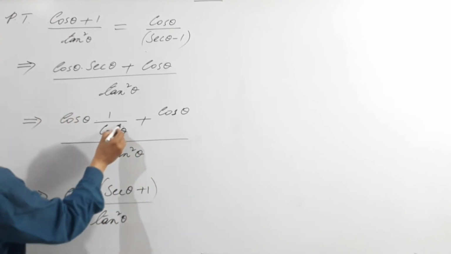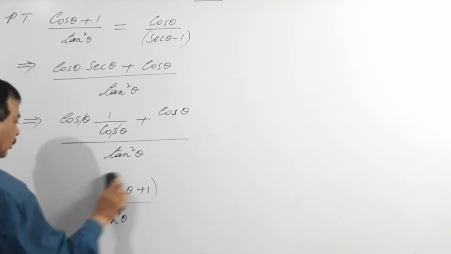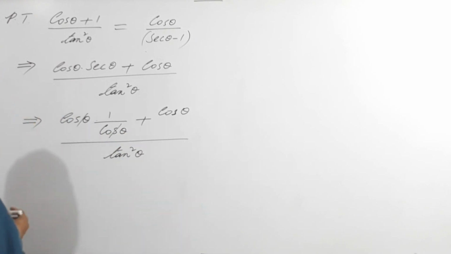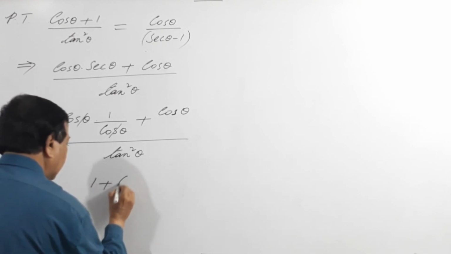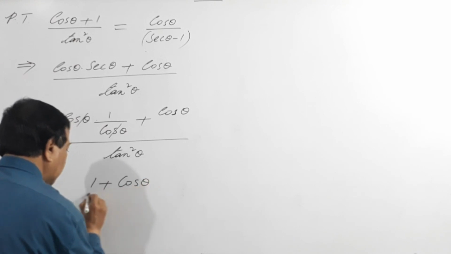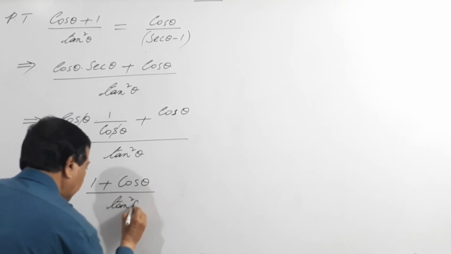So what happens? Cos and cos cancel here. So we are left with 1 plus cos theta divided by tan square theta.